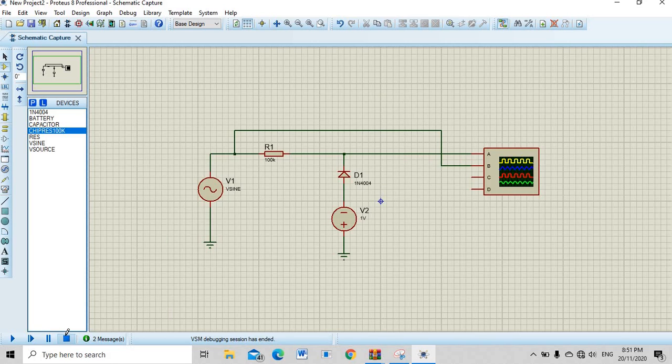Then we proceed to circuit 2.6. In circuit 2.6, we have additional components, which are another diode and another voltage source with a different voltage value. Add the voltage source here, and the diode here. Rotate.